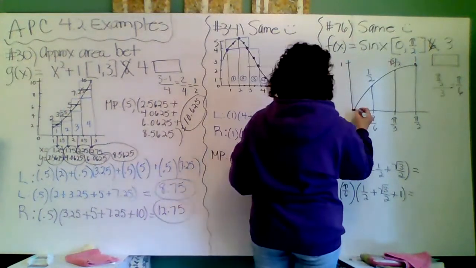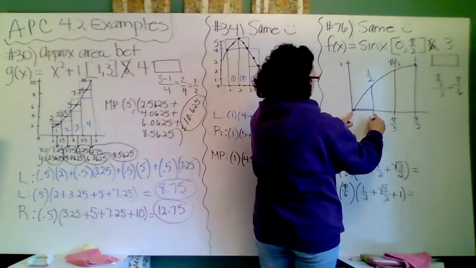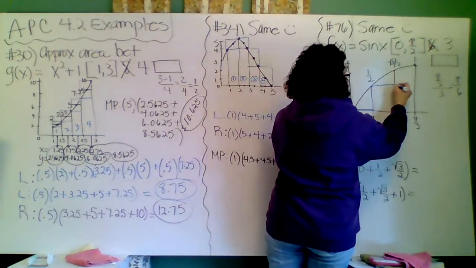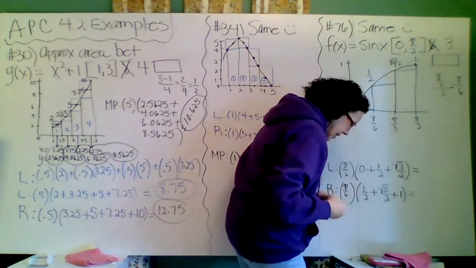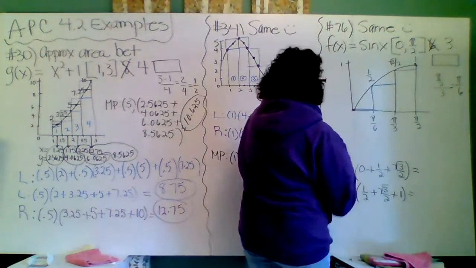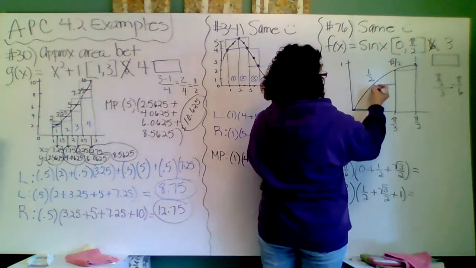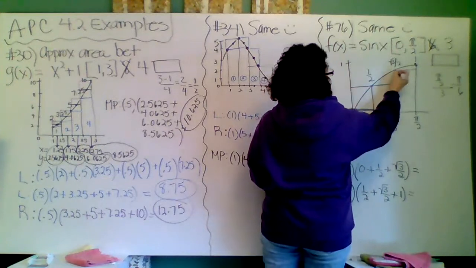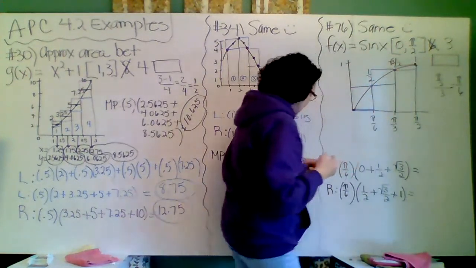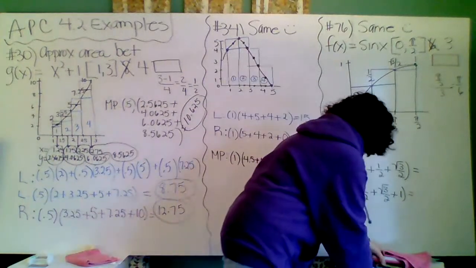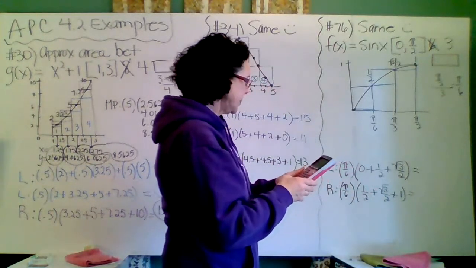The height was here, the left. Notice I start at the left and go to the right. From the right, from the right. There we go. All right, let's go ahead and get those values.